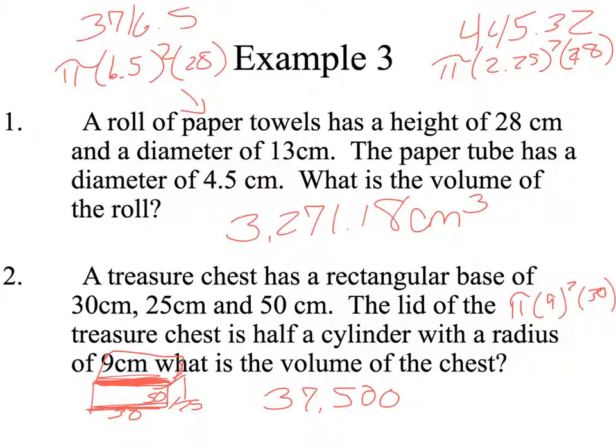Now, I need to divide this by 2 because I'm only using half a cylinder. So that gives me 3,817.04 for the lid. I'm going to add that with my 37,500, and I get a total volume for the treasure chest of 41,317.04.